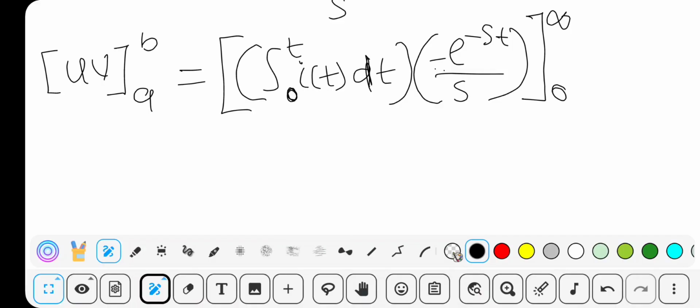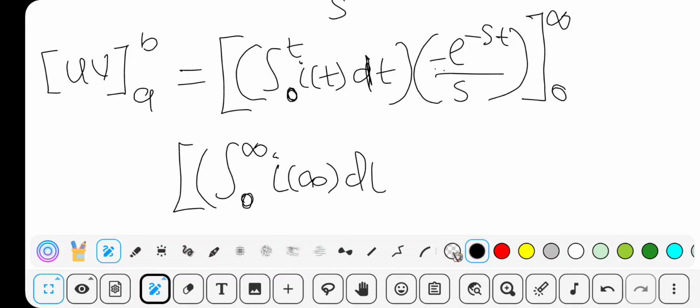So for the upper limit, substituting infinity, this will be the integral from 0 to infinity of i(t) dt multiplied by minus e^(-infinity s) over s.